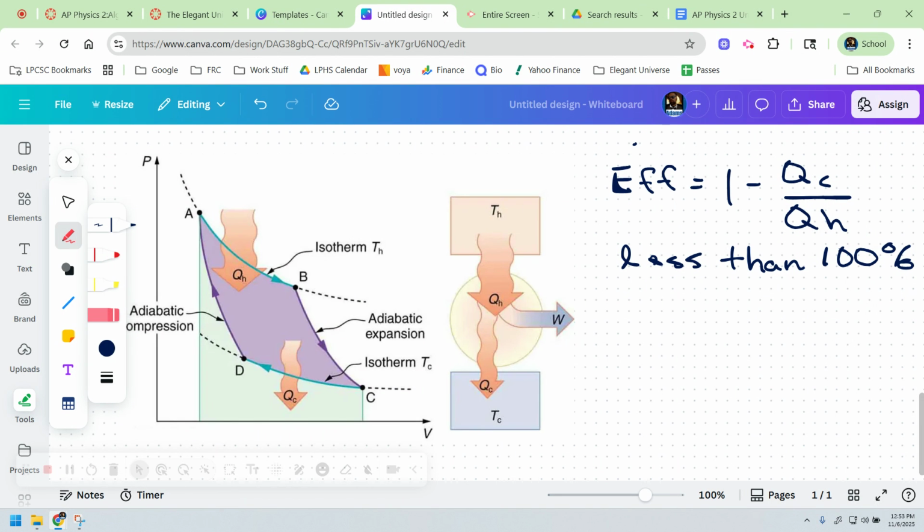That's just the way it works. However, what Carnot found was that for the perfect heat engine, the ratio of QC to QH equals the ratio of the absolute temperatures of the heat reservoirs. He discovered that QC over QH, whatever that ratio is, is equal to the ratio of the temperatures of the heat reservoirs, because this is a reservoir, and this is a reservoir.